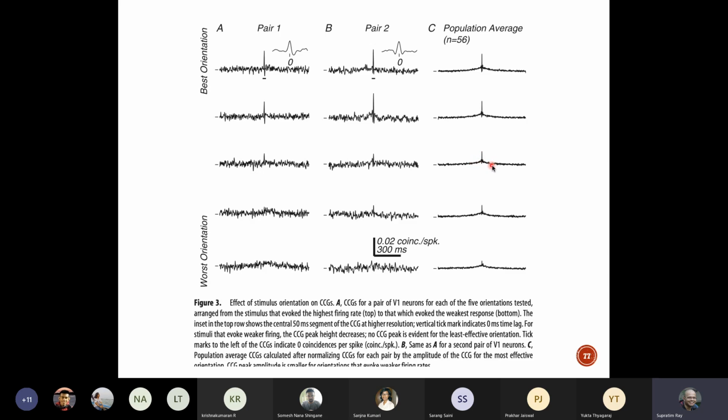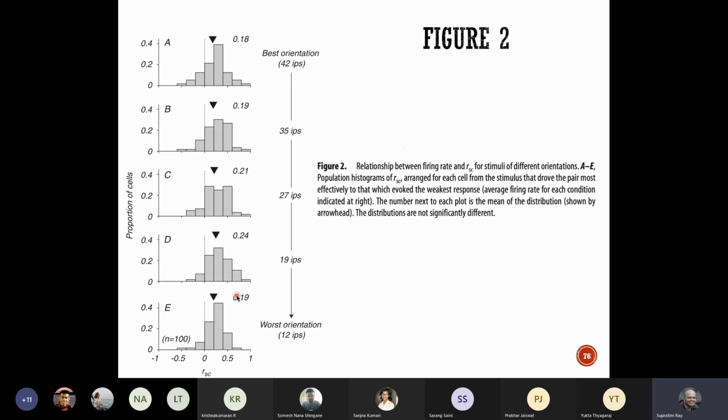This little increase will become stronger when I show you the correlation contrast plots in the coming slides. So this difference at a single value at 0 time doesn't contribute much to the spike count correlation. This is why, even though at a single value at 0 milliseconds the peaks are different, the spike count correlations don't vary much.